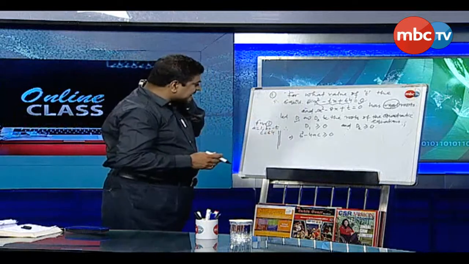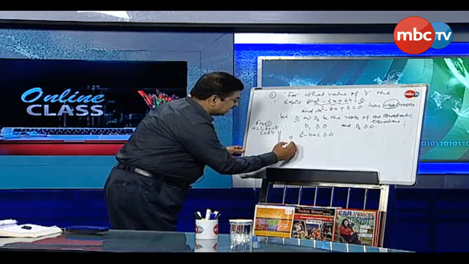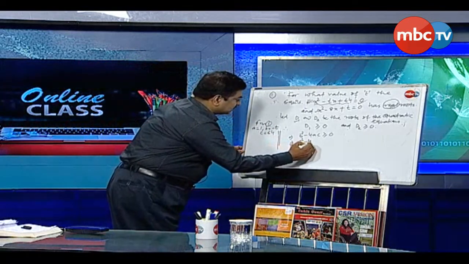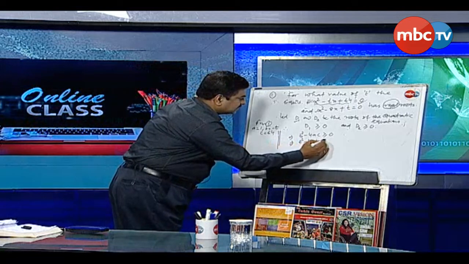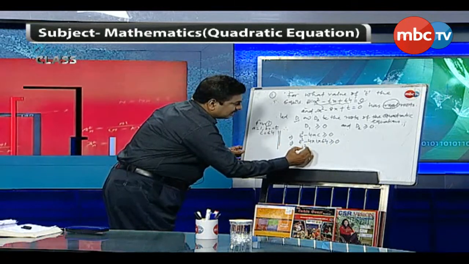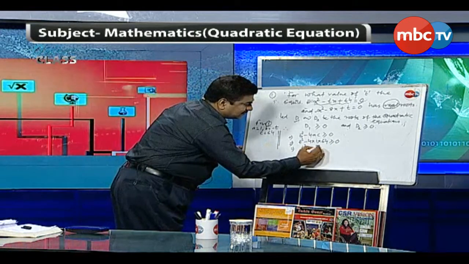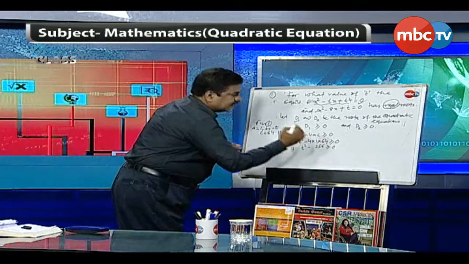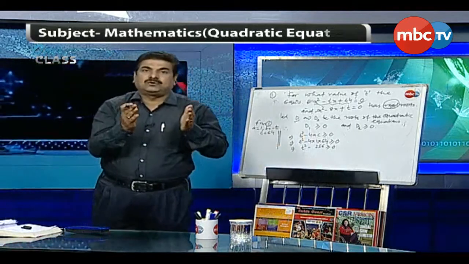Therefore, we can write this as t square minus 4 into 1 into 64, greater than or equal to 0. So t square minus 256 is greater than or equal to 0.